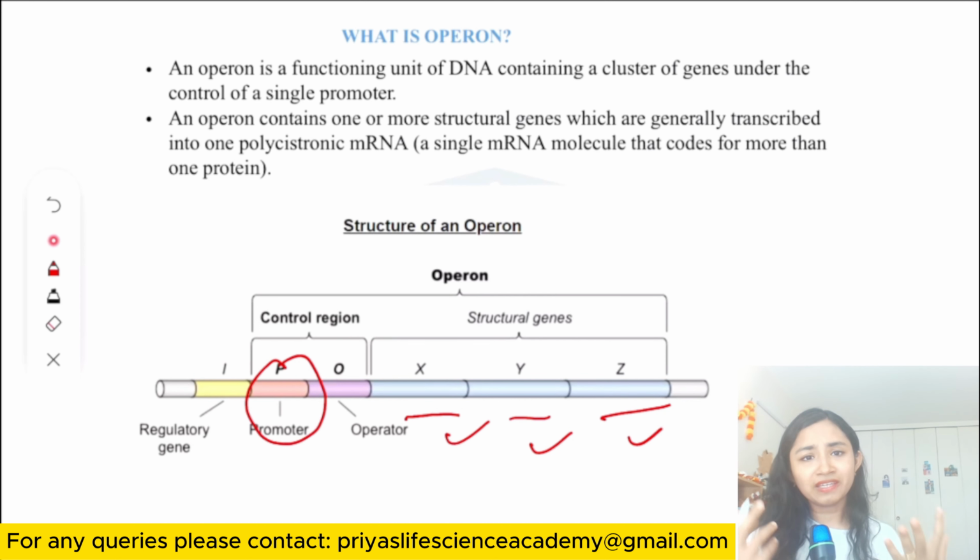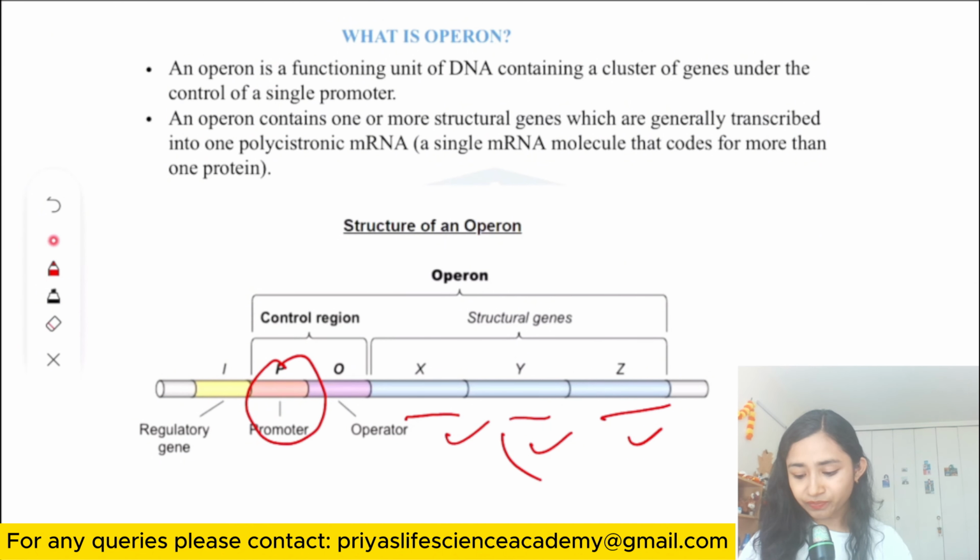So an operon contains multiple structural genes, all of which are under the control of a single promoter region. From here you can see that a polycistronic mRNA will be produced from these genes. What is a polycistronic mRNA?